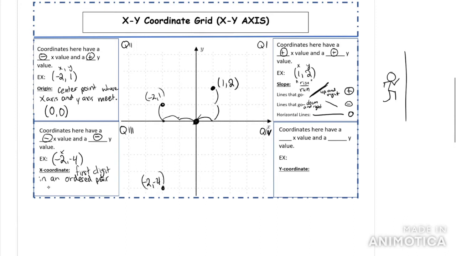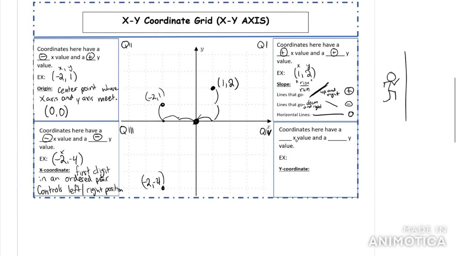And it controls the left and right position. So you can think of it as moving our point either left or right, or side to side, or horizontally. However you want to think about it, it moves things sideways.